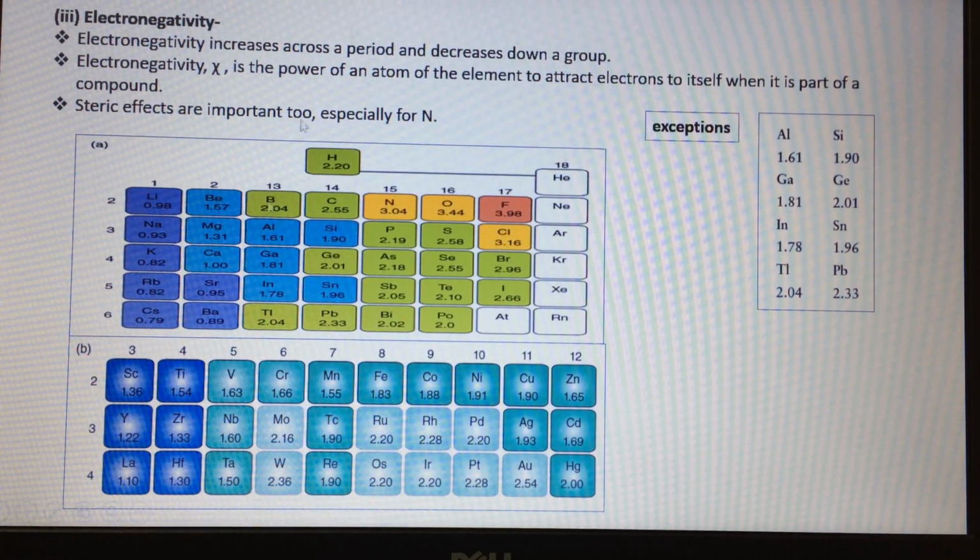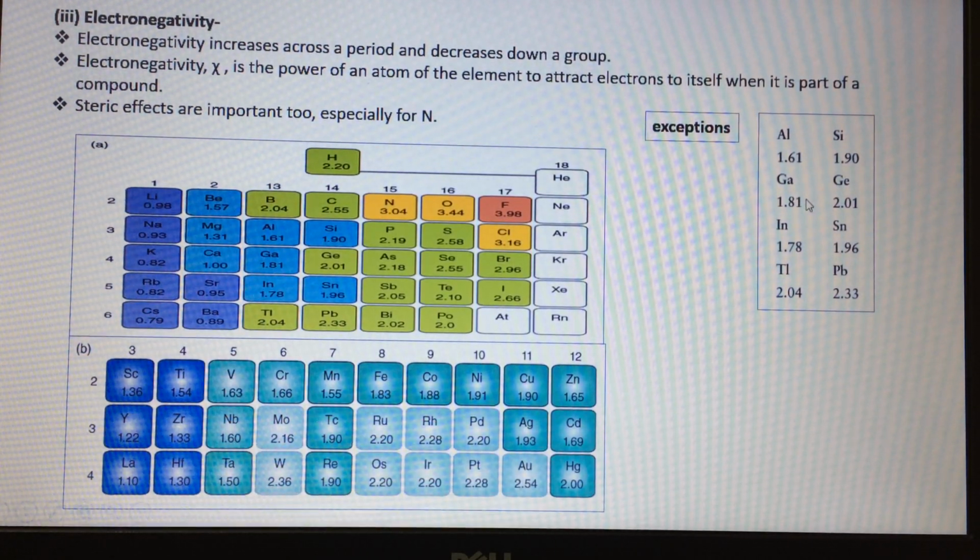Here also is some region of alternation effect due to the intervention of the 3D subcells.